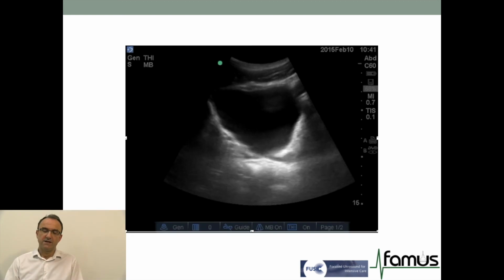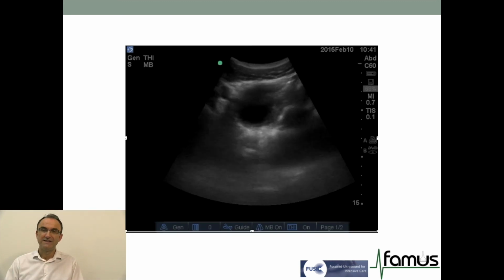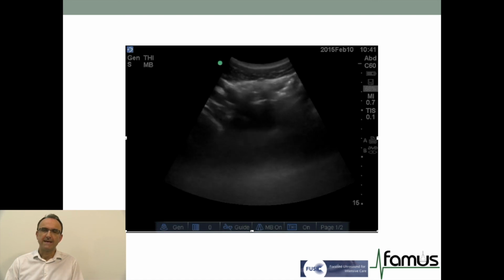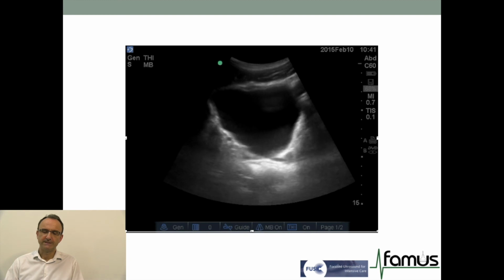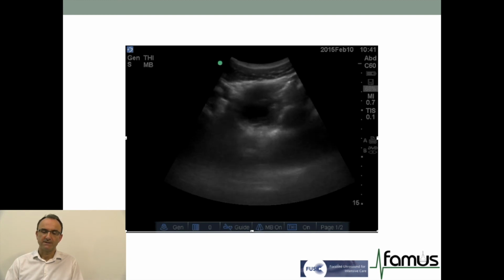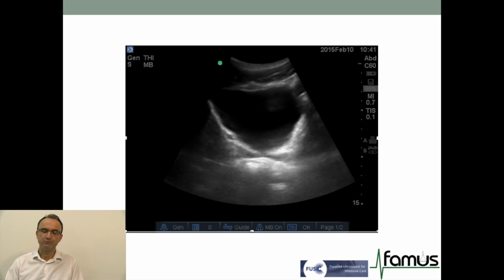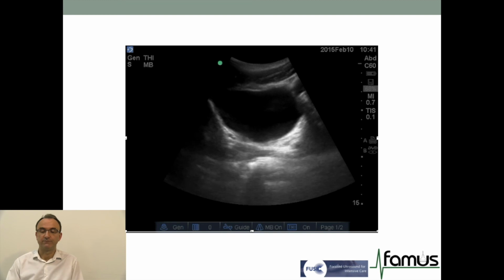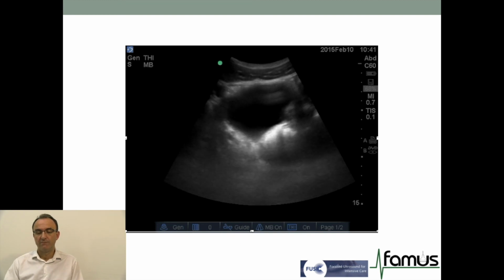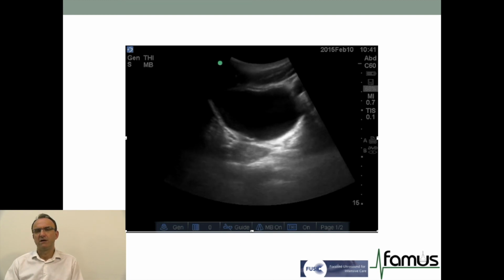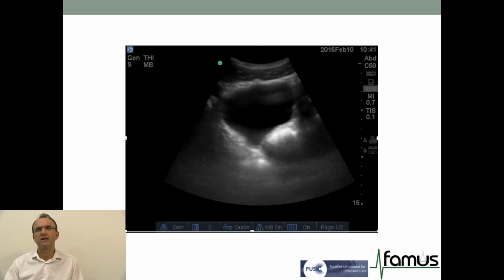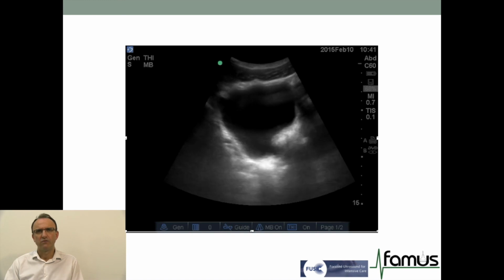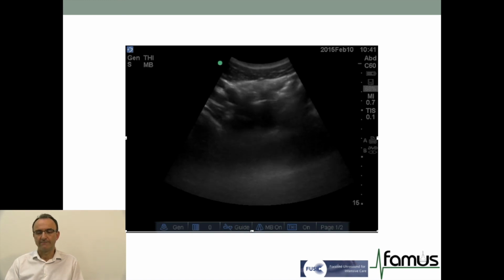This is an example of how to dynamically scan a bladder with a probe positioned above the symphysis and oriented transversally. The probe needs to be moved up and down and tilted also caudally and cranially to fully appreciate the organ.